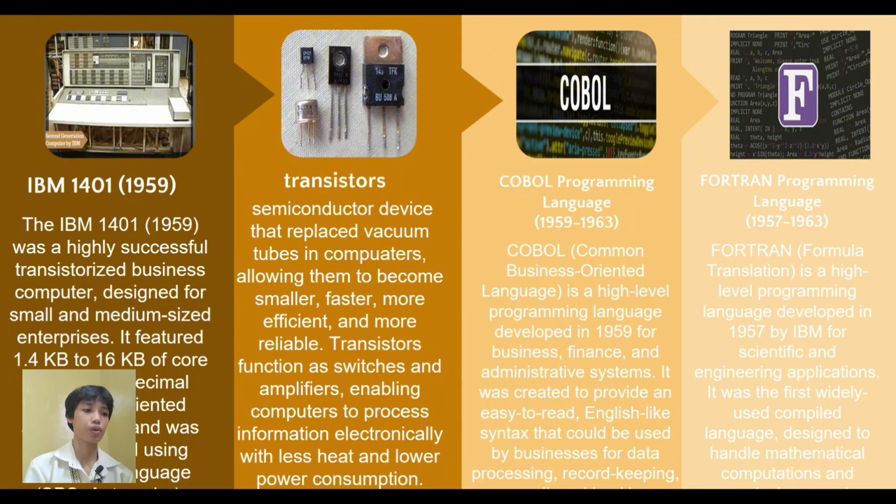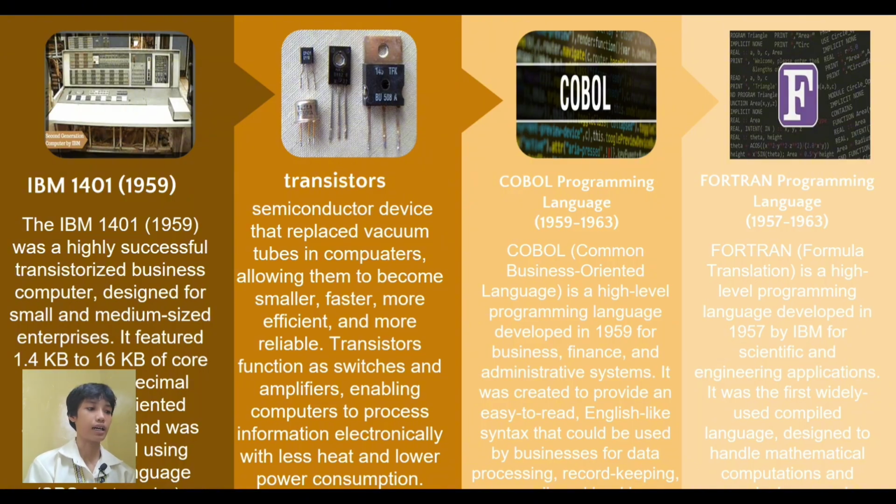And the other one is the Fortran programming language, which was made or discovered 1957 to 1963. So the first one is the first programming language that was made. So Fortran stands for Formula Translation.